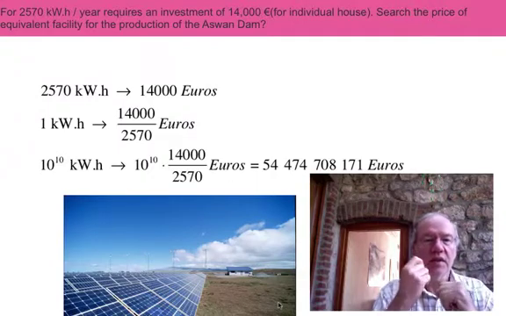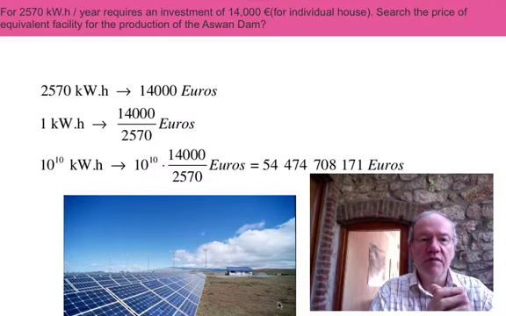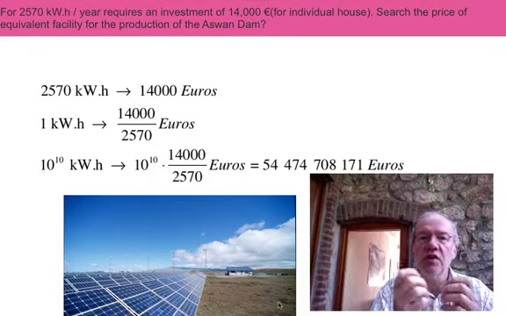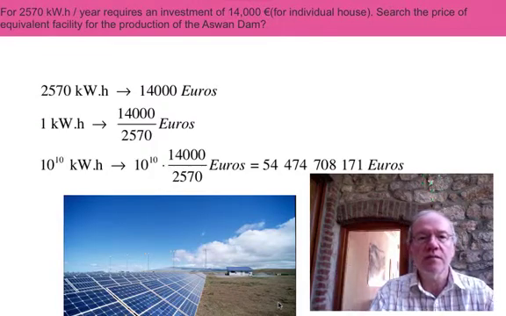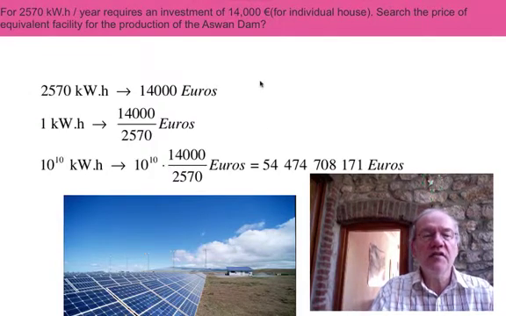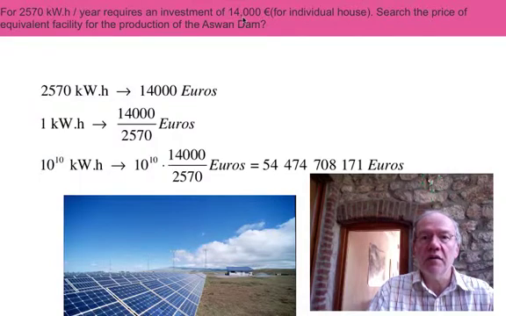Second question. If we want to produce with solar cells, which is the cost? We compare with the cost of the individual house. In an individual house, if we want to produce this number of kilowatt hours in 1 year, we need 14,000 euro.